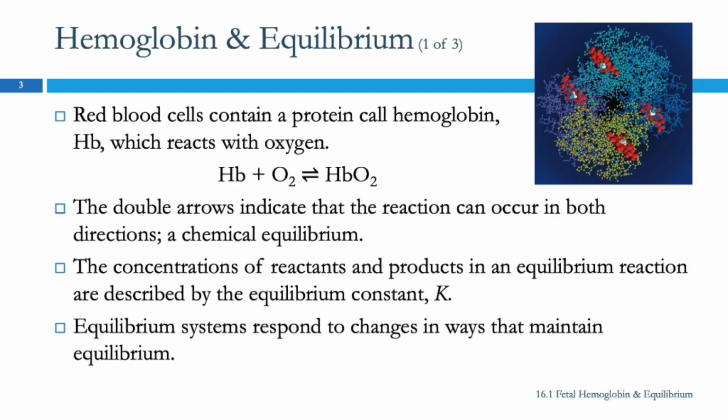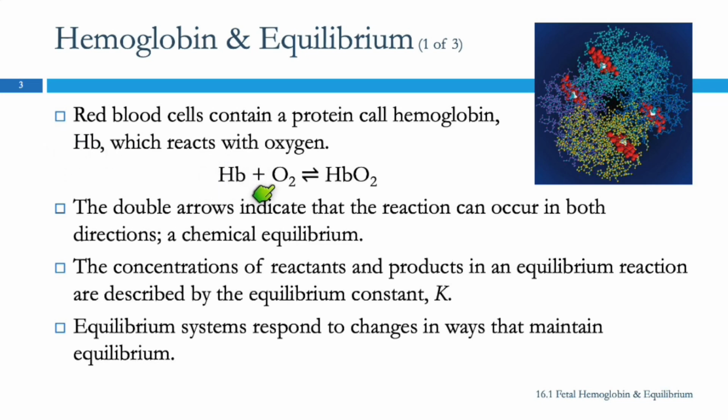Okay, so let's look at the relationship between hemoglobin and oxygen in terms of equilibrium. As you probably know, red blood cells contain a protein called hemoglobin, and this is an illustration of that. This very large protein is just abbreviated Hb.